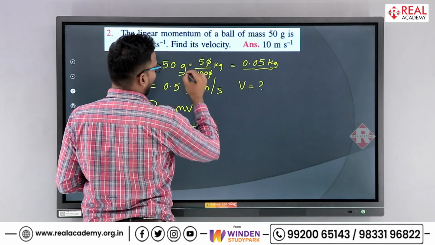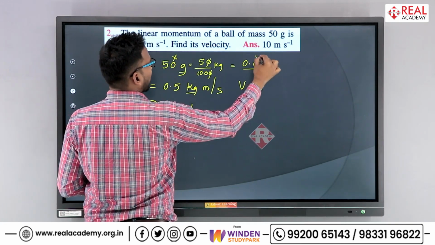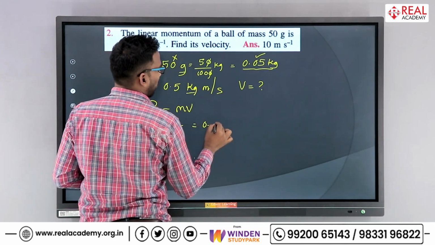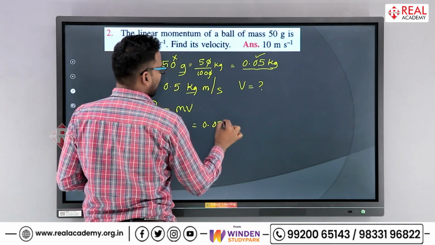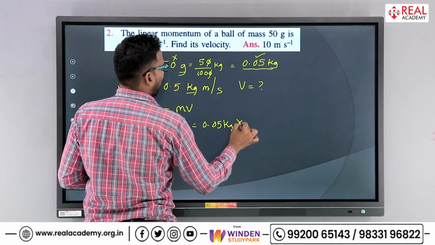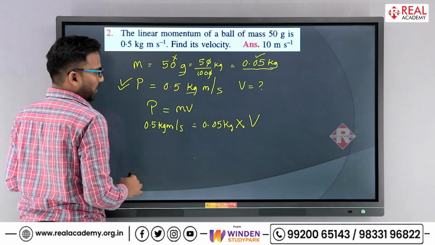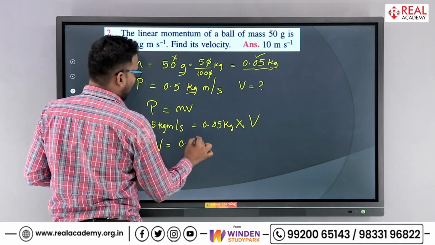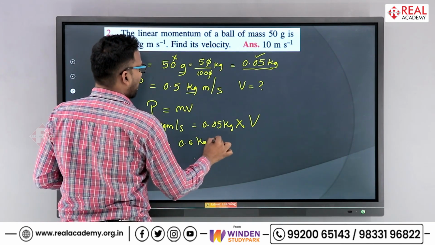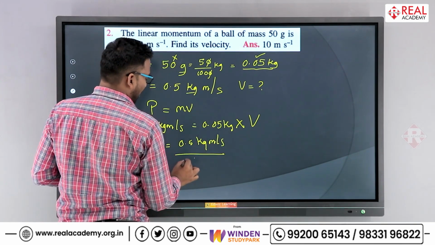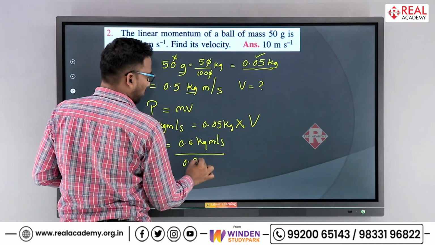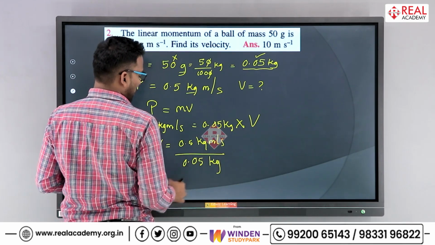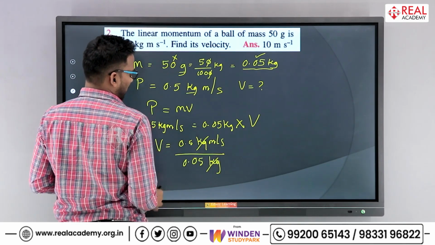Now we should take this value, not this value. We should take 0.05 kg into velocity. Let us say it is v. Then what's the value of v? v is nothing but 0.5 kg meter per second upon 0.05 kg, right? Kg and kg will get cancelled.